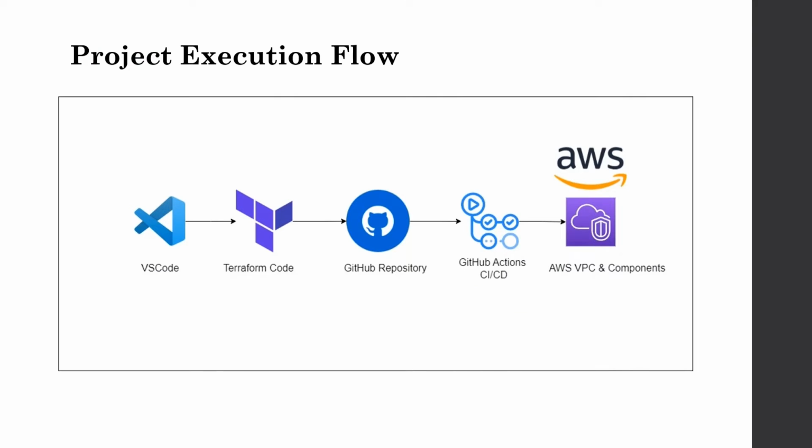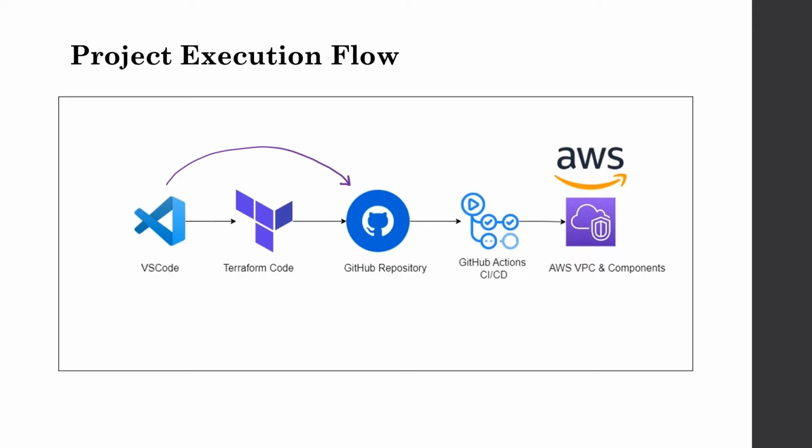Now the next thing is the project execution flow. First, we are going to write Terraform code in our VS Code, which will then be deployed to our GitHub repository. We'll be creating a GitHub repository specifically for this task.